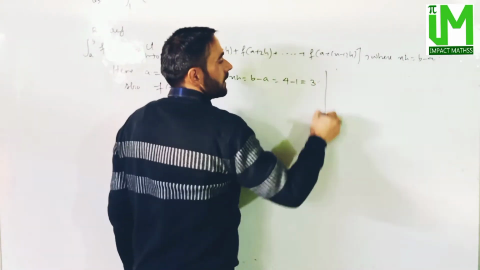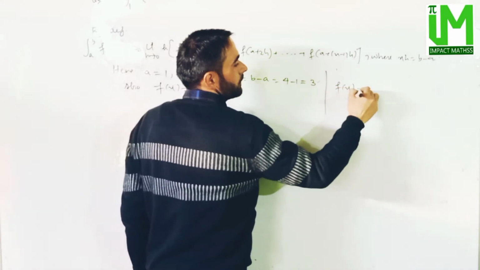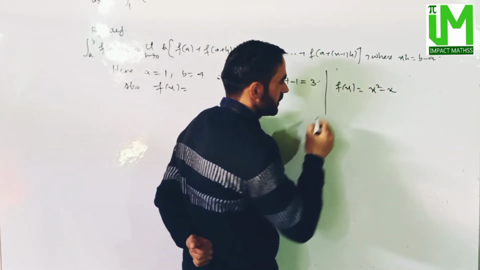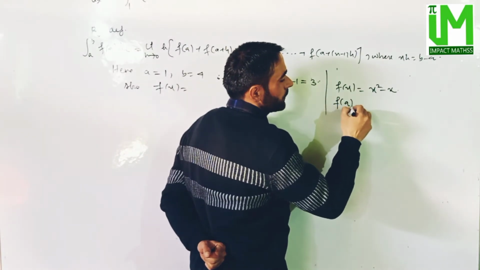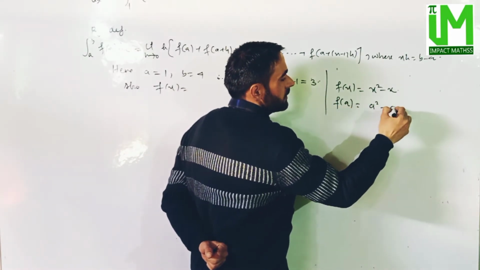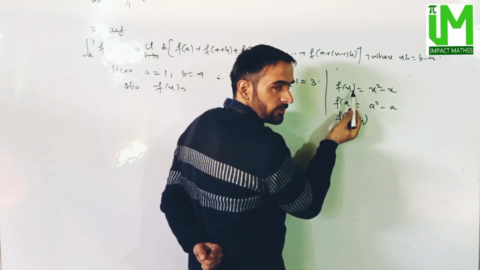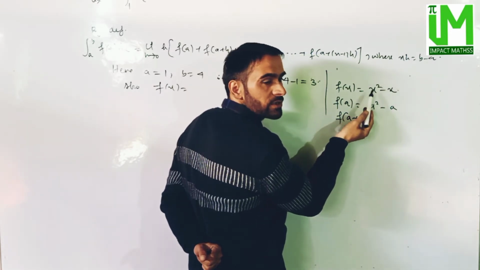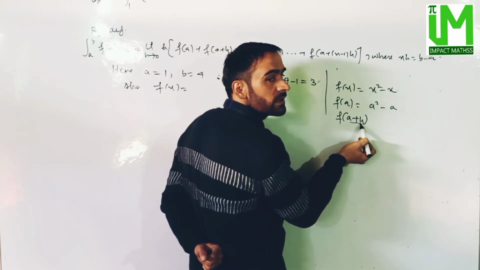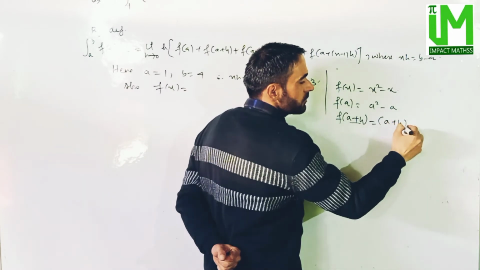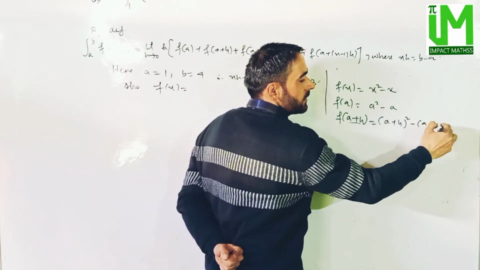Now here we have f of x equal to x square minus x. What will be f of a then? a square minus a. For f of a plus h, in this function replace x with a plus h: simply a plus h whole square minus a plus h.